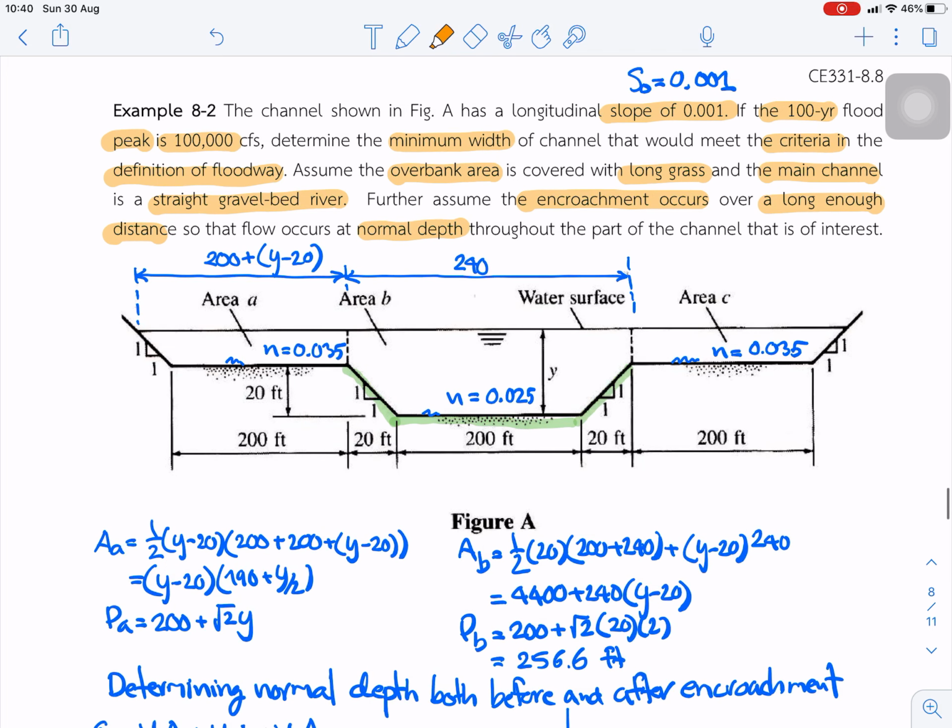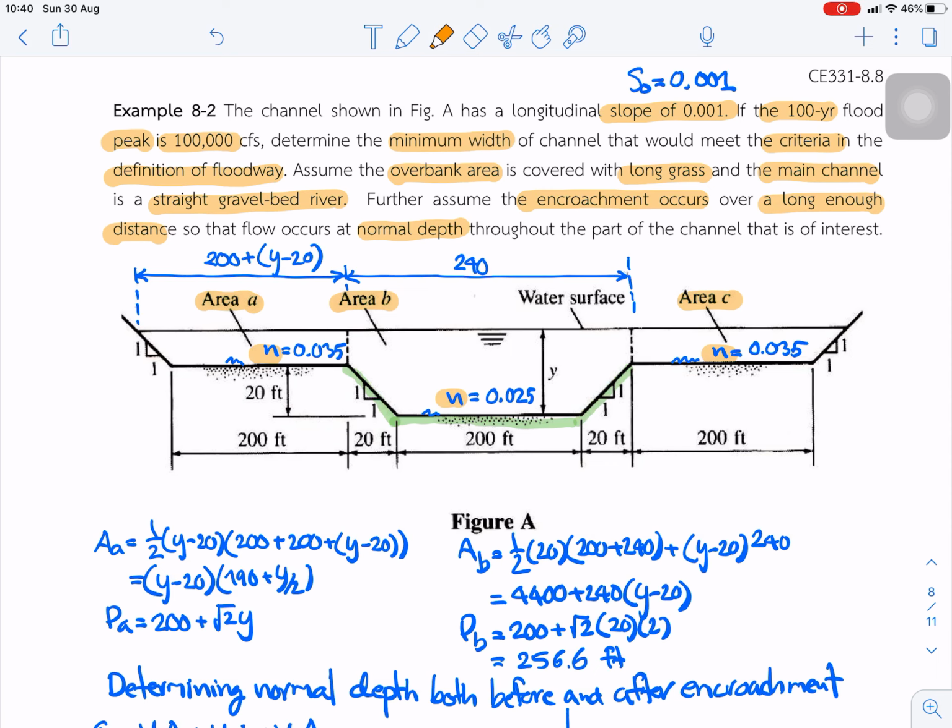So this is the cross-section area. We divided the whole area into area A, area B, and area C. We don't know the depth of the flow, but we know the Manning n for the overbank flow is 0.03, and for the main channel is 0.025.